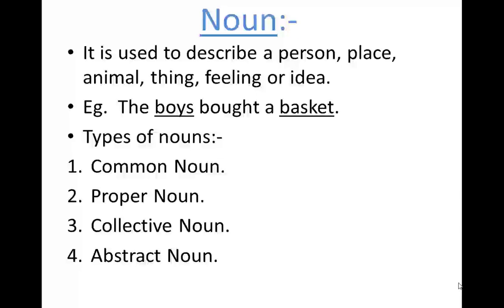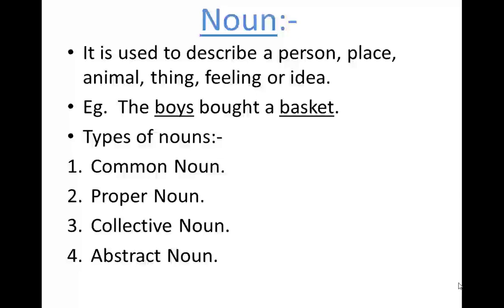For example, boy, city, school. Proper noun, obviously a proper name of any person, place or thing. Collective noun, collection of the things. For example, army, herd, school of fish. These are the collective nouns.